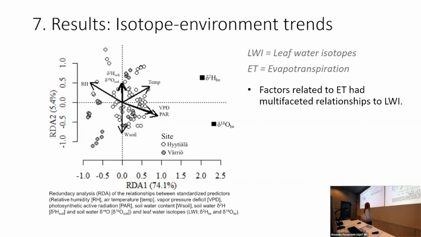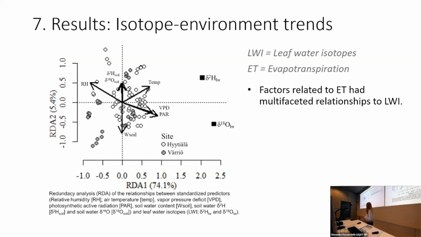So when you're looking at this graph, the things that are changing from left to right are much more influential to the isotope variability than what's happening on the y-axis. And when you look at these different arrows, the longer the arrow is, the greater the effect it's having on the isotope variability.